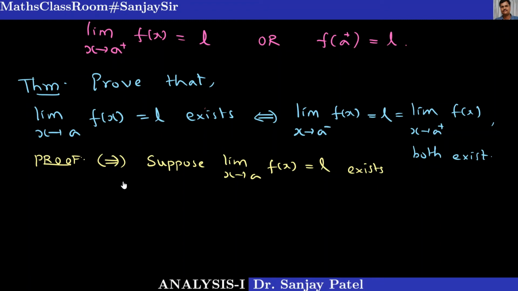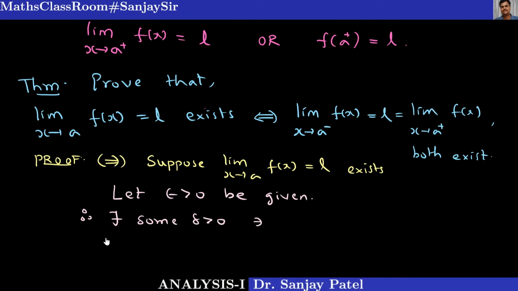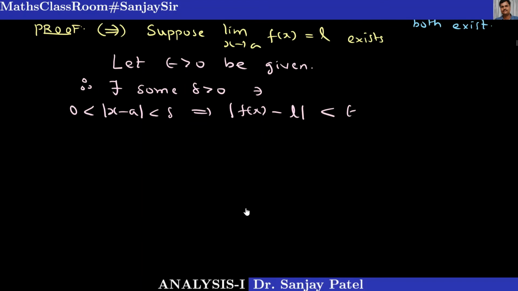So we start with an epsilon greater than 0 being given. Because of this there exists some delta greater than 0 such that whenever 0 less than mod of x minus a less than delta implies mod of f(x) minus L is less than epsilon. This I want to again write in a different form that you know very well.